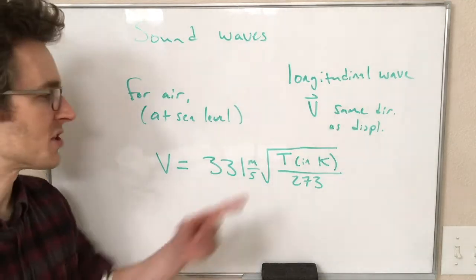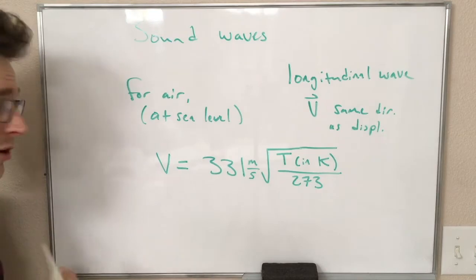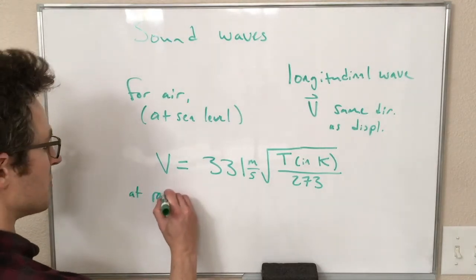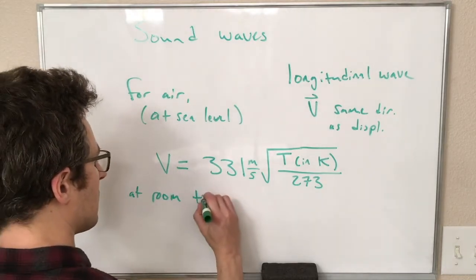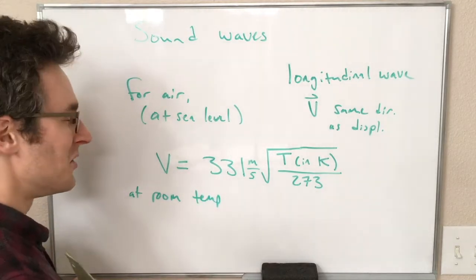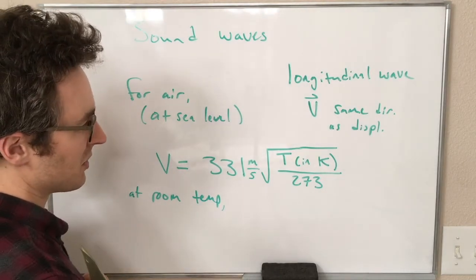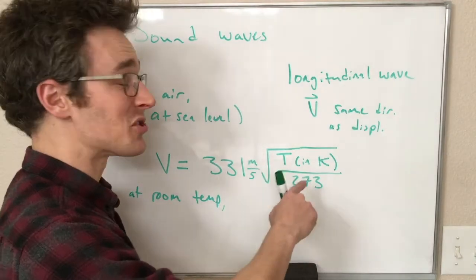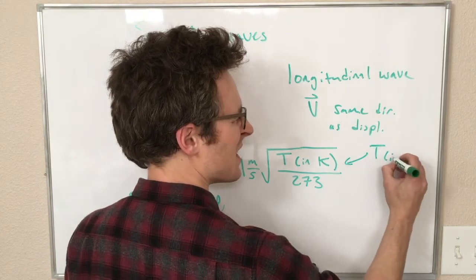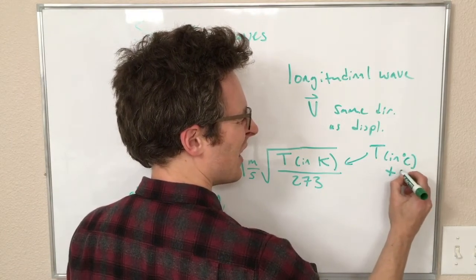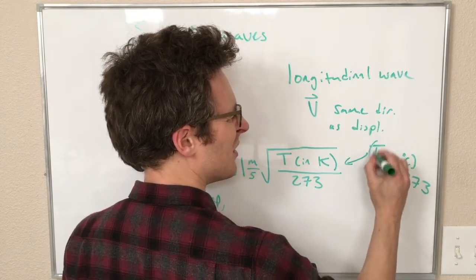So, in other words, if we know the temperature, we can plug into this equation and find the velocity of sound waves at room temperature, which is roughly 293 to 298 K. For those of you who know Kelvin, which is hopefully most of you, maybe I should explain that. To convert a temperature in Celsius to a temperature in Kelvin, we take that temperature in degrees C and add 273 to it.